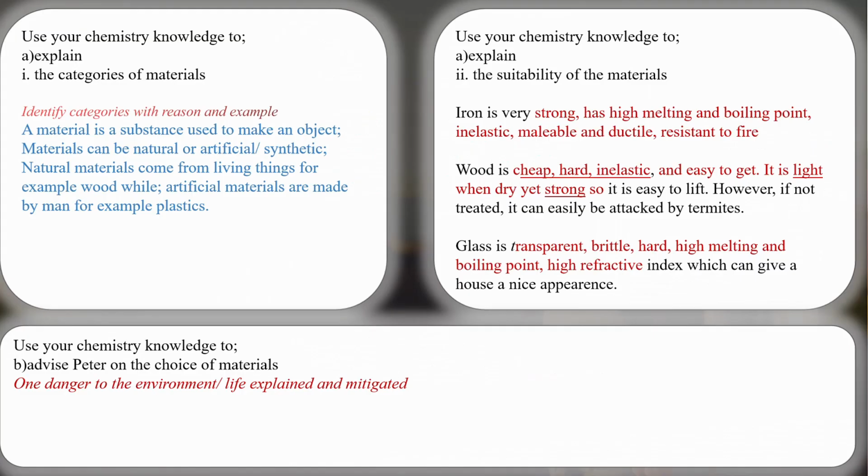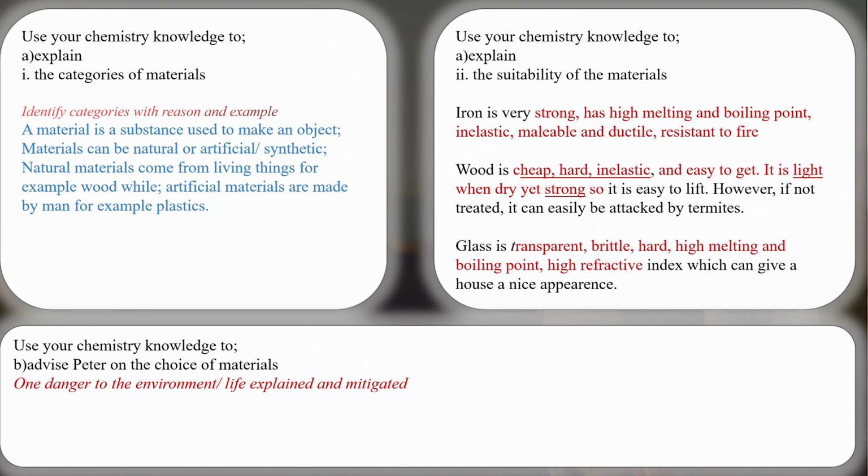Materials are substances that constitute an object. They are categorized into natural materials and synthetic materials. Natural materials come from living things, for example, wood. Artificial materials are made by man, for example, plastics.